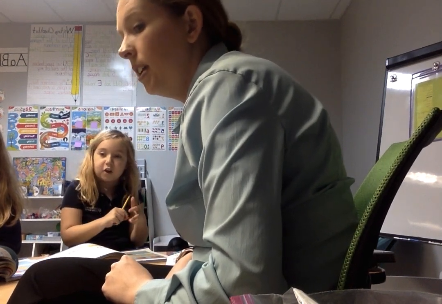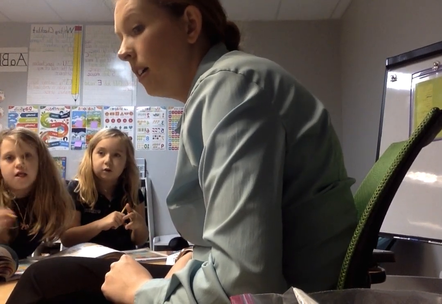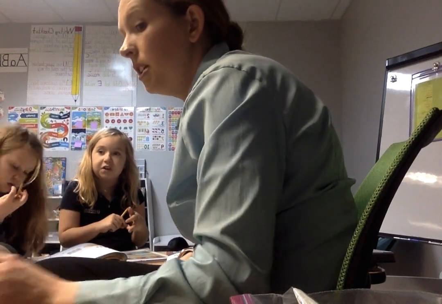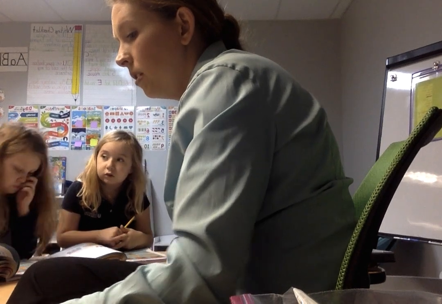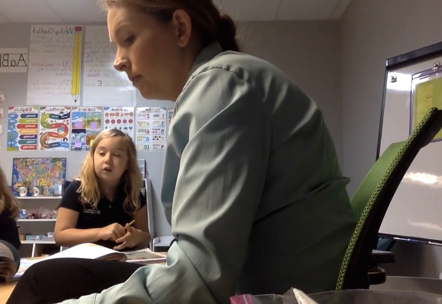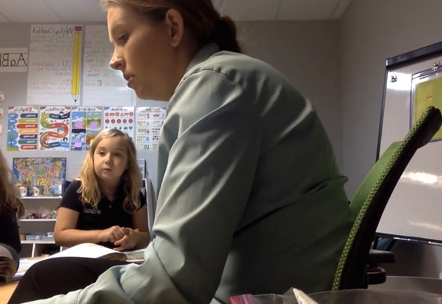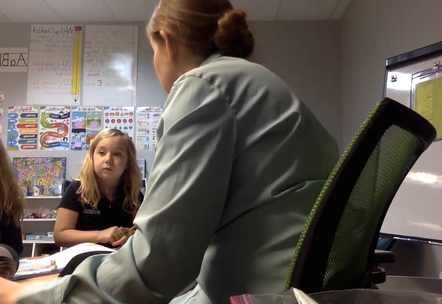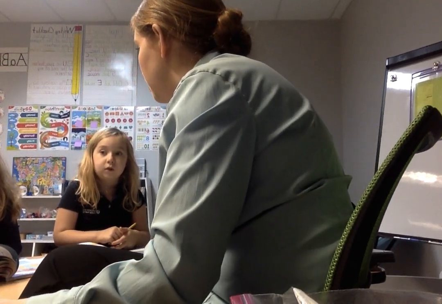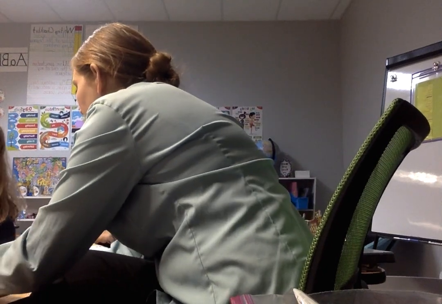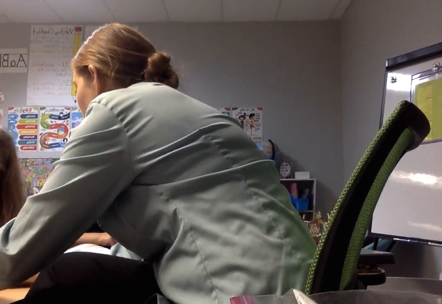Count with him. 8, 9, 10, 11, 12, 13, 14, 15, 16. So how many treats do we have in all? Okay, so 16 what? Dog treats. So right under that, 16 dog treats.